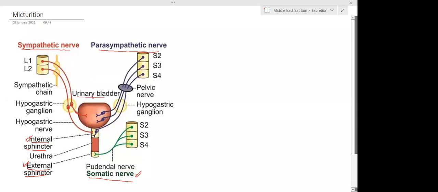And this complete part is the urinary bladder. The urinary bladder and internal sphincter are supplied by both the sympathetic and parasympathetic nervous system of the autonomic nervous system, right? Full stop.